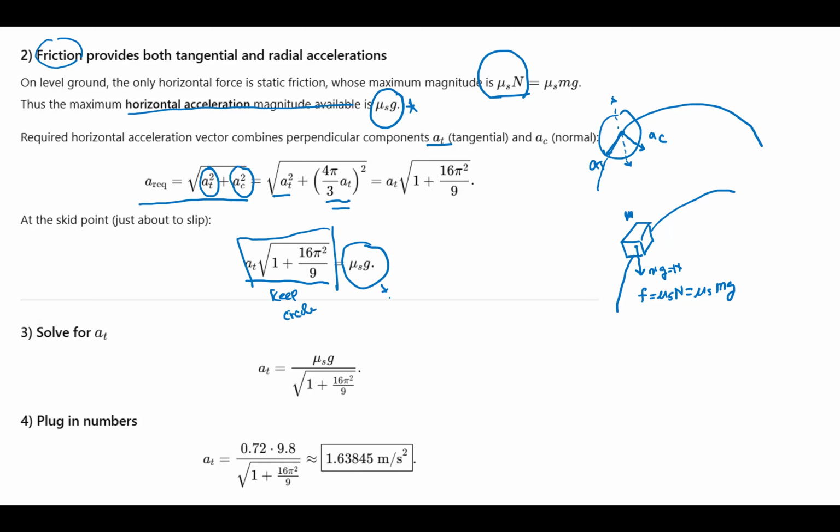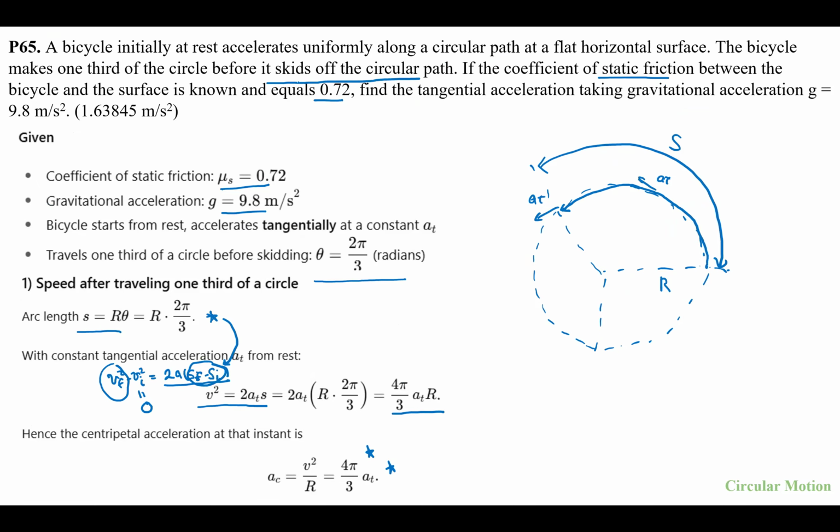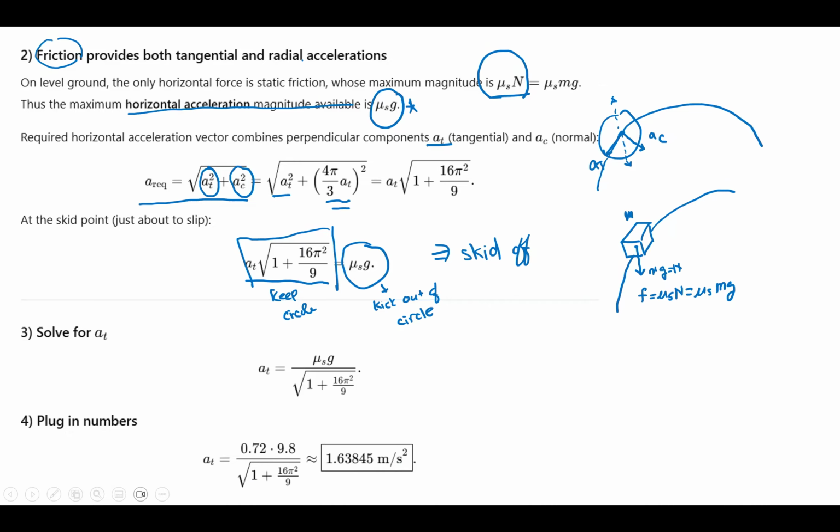And then this friction will kick out of the circle. And then this will be skidding. So here is the natural language skid off. And then this is now the expression for skidding off in our viewpoint.